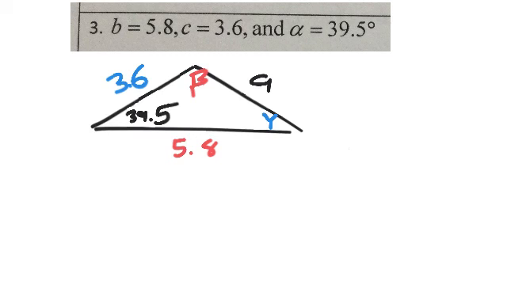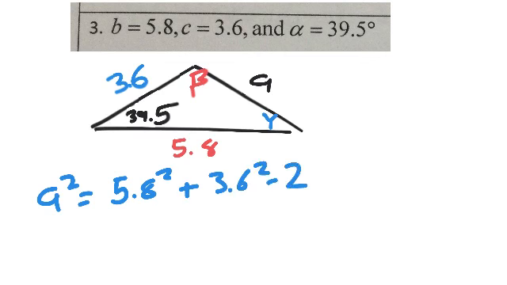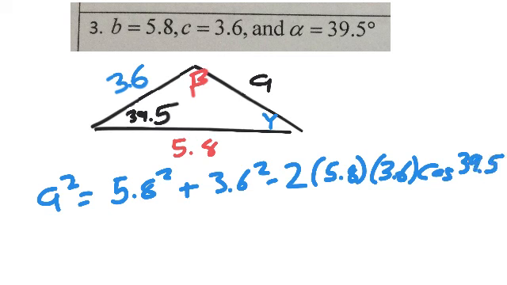So I'm using the first formula, which is a squared equals b squared plus c squared minus 2bc times cosine of alpha, which this time we know alpha is 39.5.